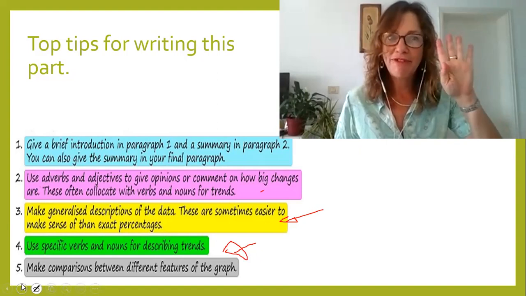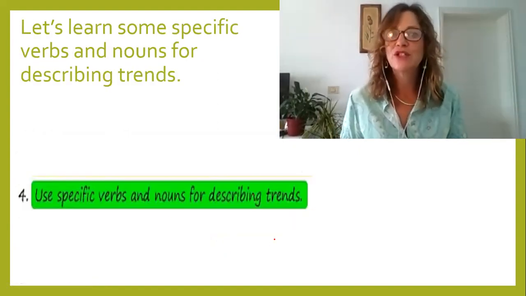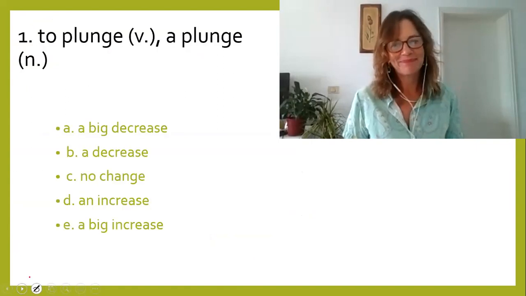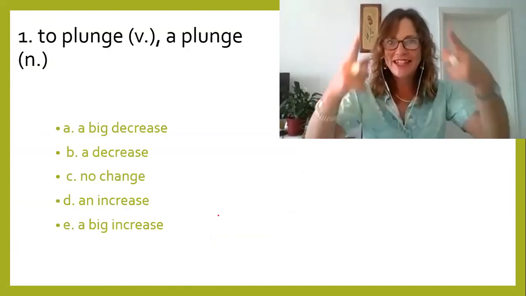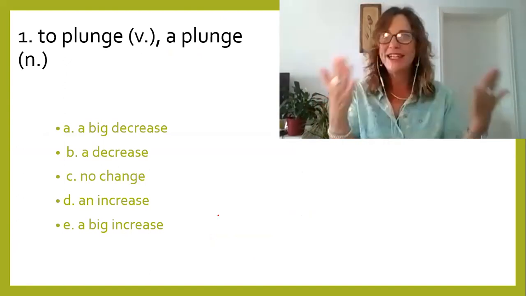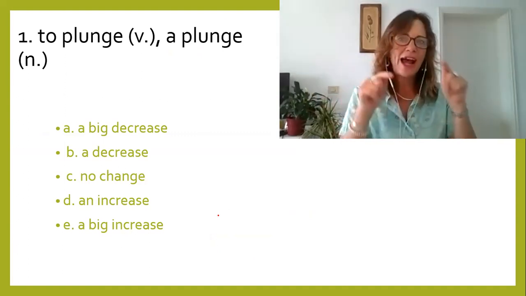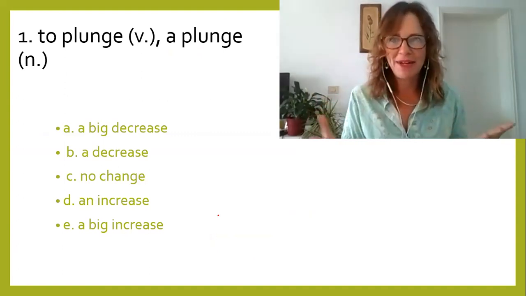Let's look at number 4. Use specific verbs and nouns for describing trends. Okay, so this time it's up to you. I am going to read some verbs or adjectives or nouns, and you have to tell me what do they mean.